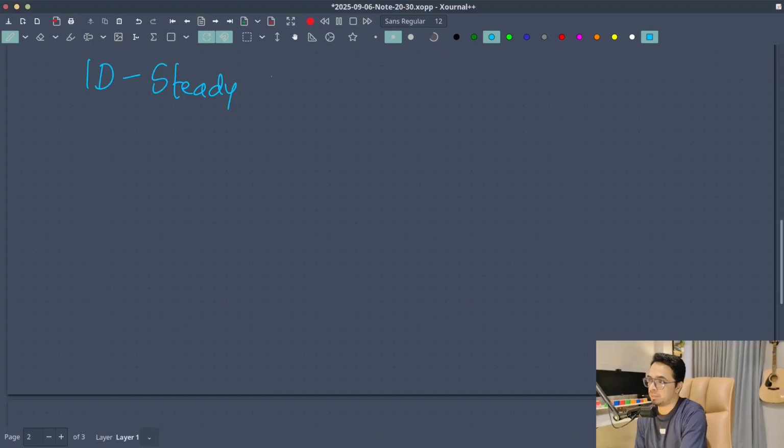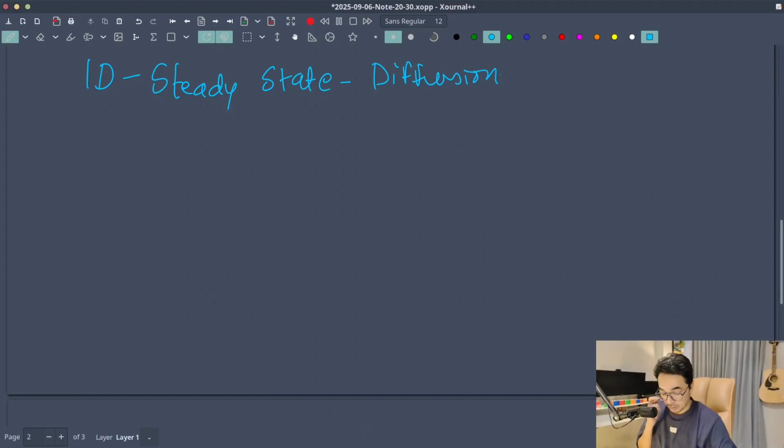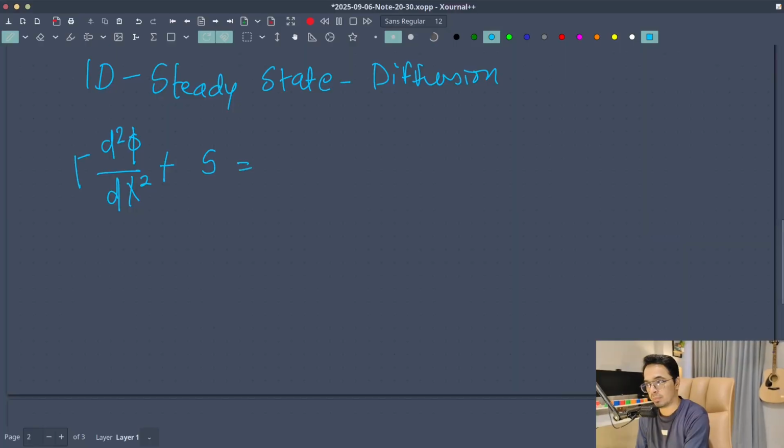Let us take one-dimensional steady-state conduction, or even one-dimensional steady-state diffusion for that matter. So that becomes very general. I'll write down the equation. The equation would be d2 phi by dx square, plus s, and the diffusion coefficient is equal to 0.